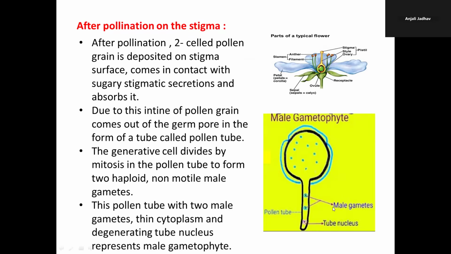The pollen tube with two male gametes and the tube nucleus represents the male gametophyte.